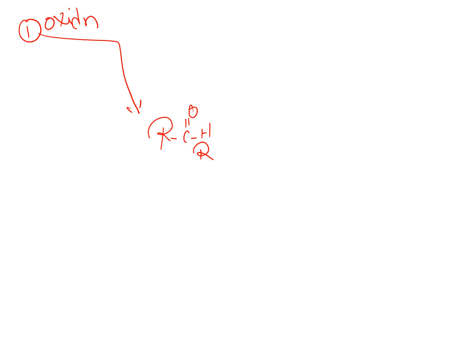So if we summarize aldehydes and ketones, we will have first the methods of synthesis of aldehydes and ketones. We have the oxidation, we have first the oxidation of alcohols into aldehydes and ketones.